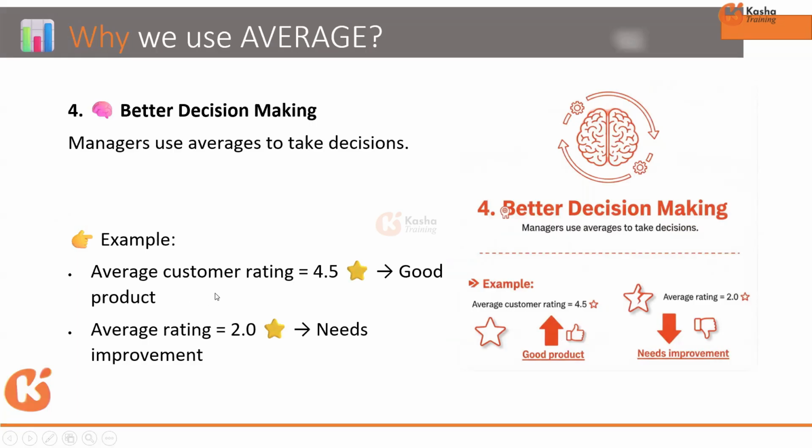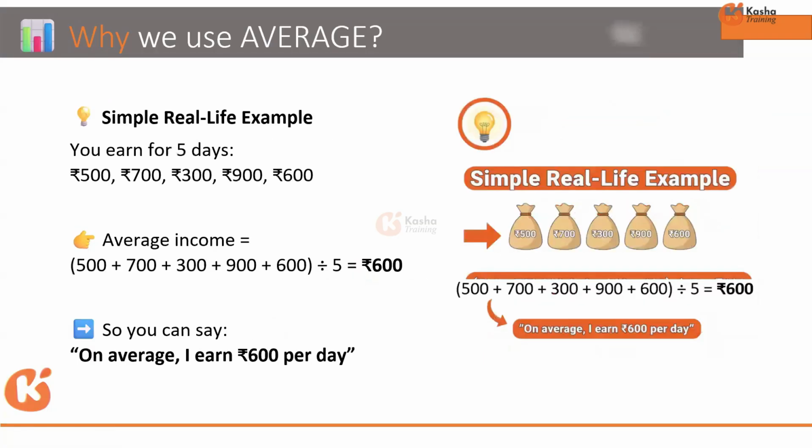For example, if the average customer rating is 4.5, it is a good product. But if it is less than 4.5, you understand you need improvement. In this case, the average rating is 2.0, which means it needs improvement because it falls below 4.5.